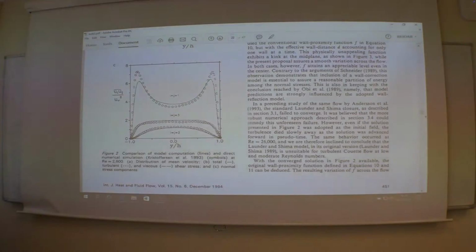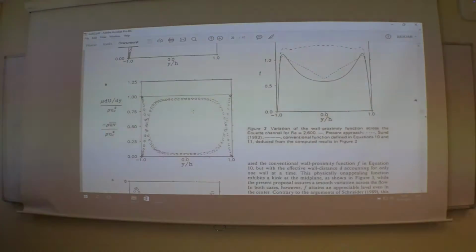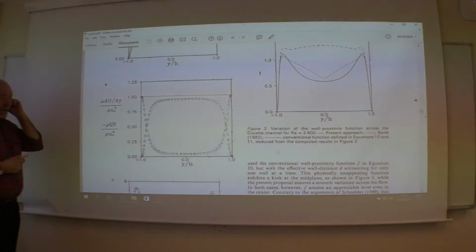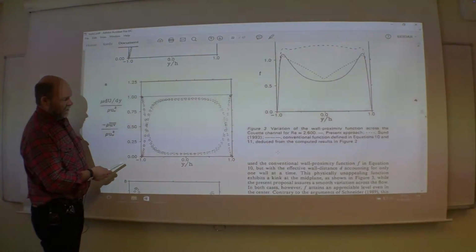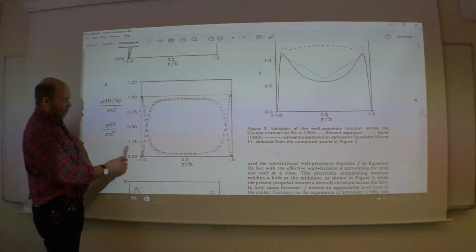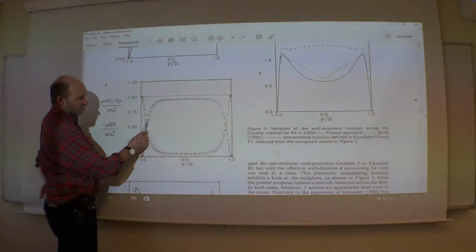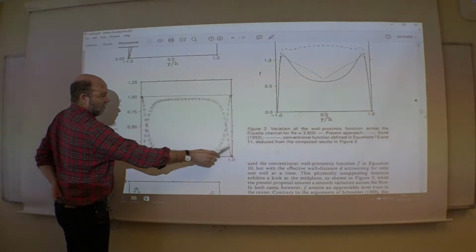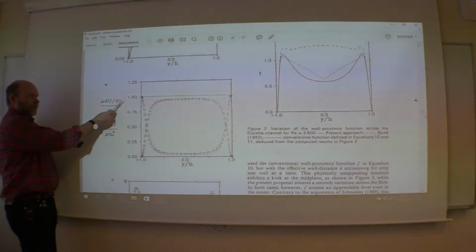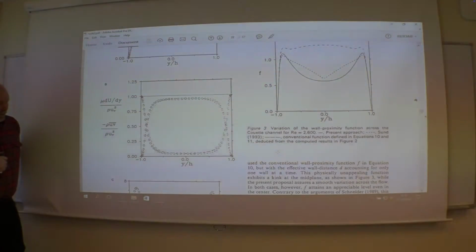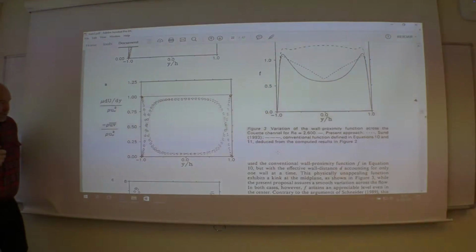And for this one, there you have the turbulent shear stress. That's this one. And then you have the laminar, you might say, the ordinary viscous stress.